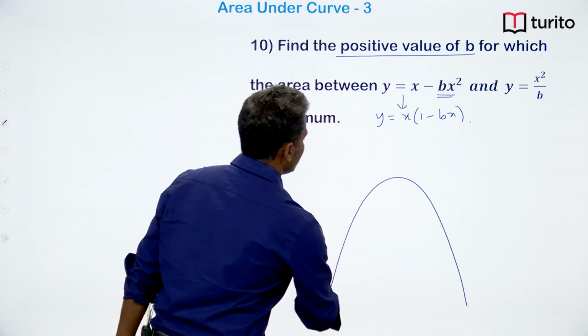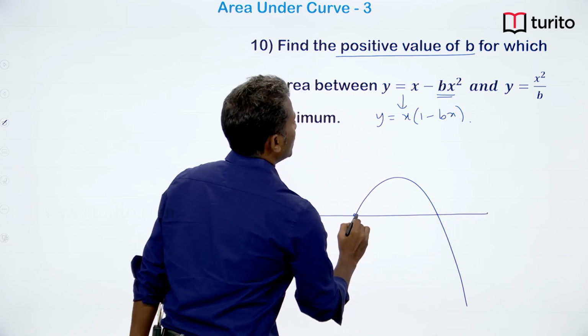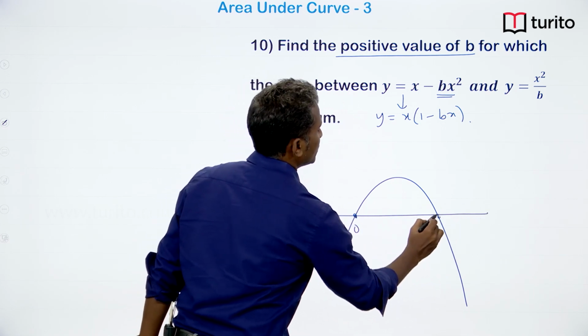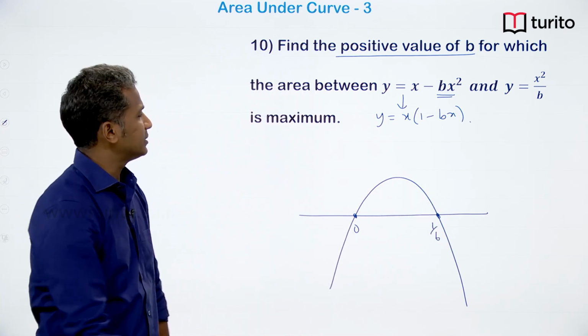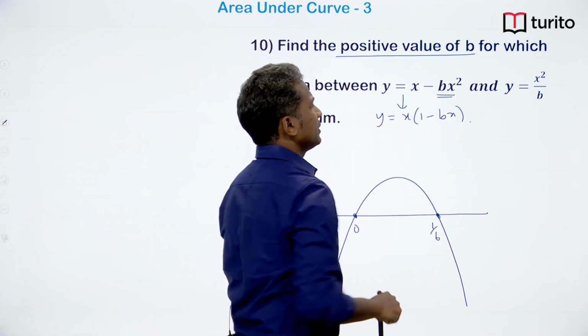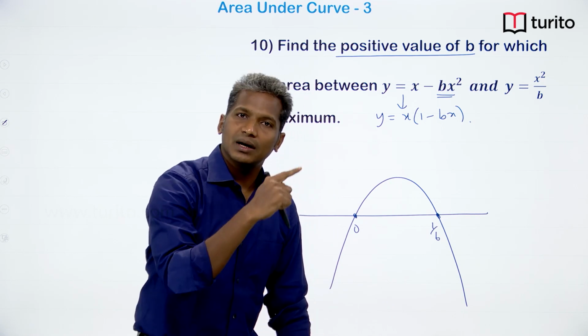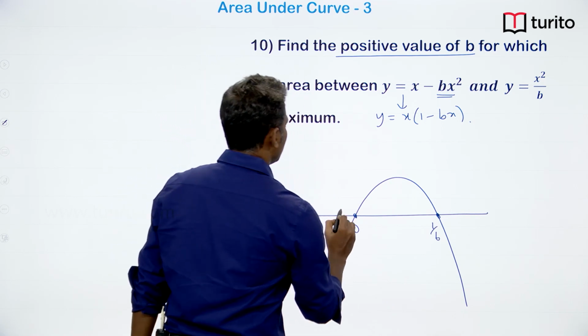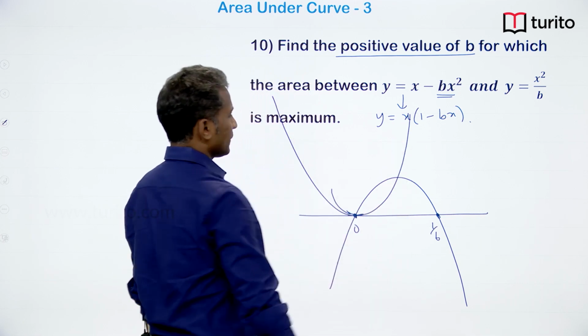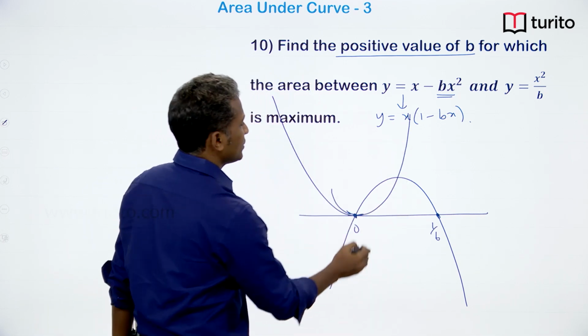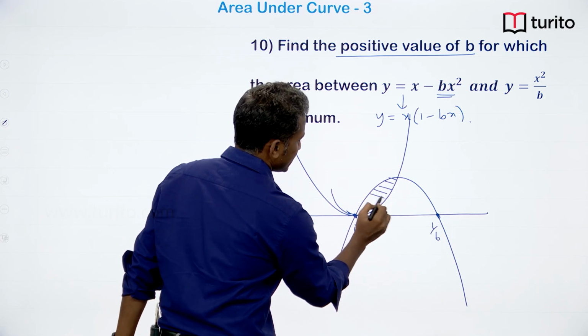One root is 0, the other root is 1 by b. These are the roots. This is my first function. What about the second function? It is a simple upward parabola. So it will be somewhat like this. Now what is the area that is enclosed between these two? This is the area.